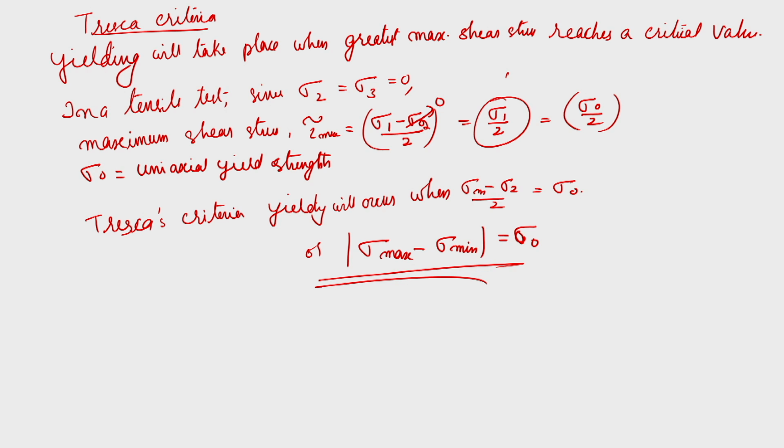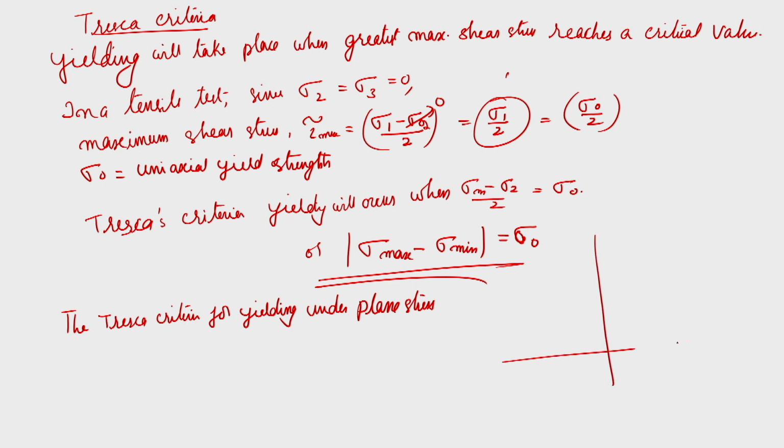So, under plane stress condition, the yield criteria, the Tresca's criteria for yielding, will be a hexagon. Okay. If you just plot it, this is sigma 2, sigma 1. So, this is your sigma f and this is equal to your sigma f.